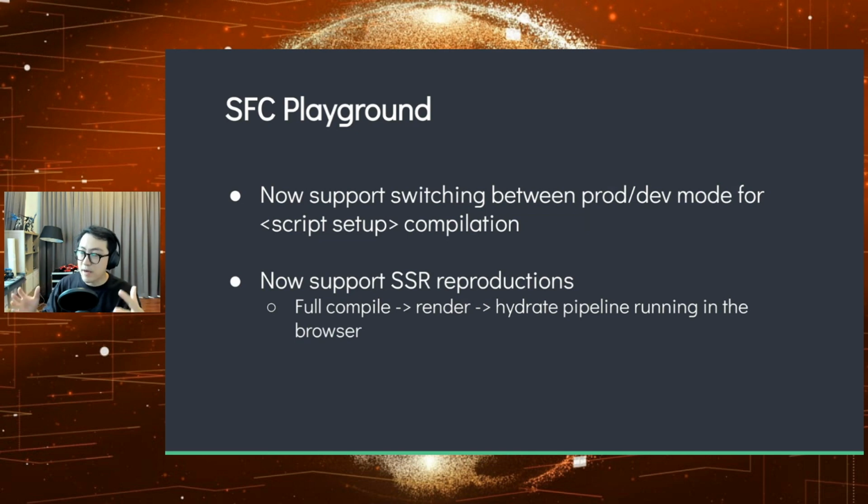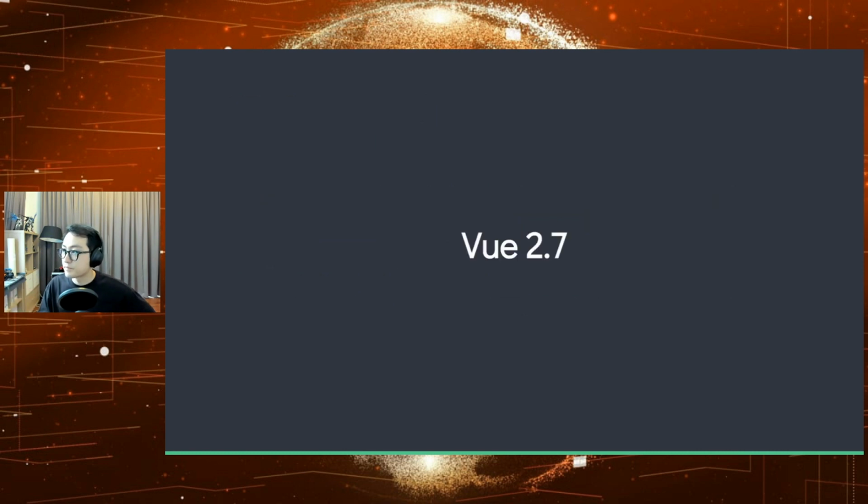This whole pipeline, we managed to make it happen entirely in the browser in the new SSR playground. All you need to do is toggle the button, hit SSR on, and you'll run in full SSR mode instead of pure client mode. This allows you to reproduce SSR hydration bugs more easily. It's also great for us when we are trying to debug these issues. So these are some of the important improvements for the SFC playground.